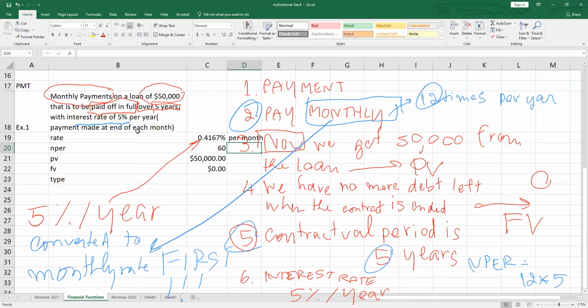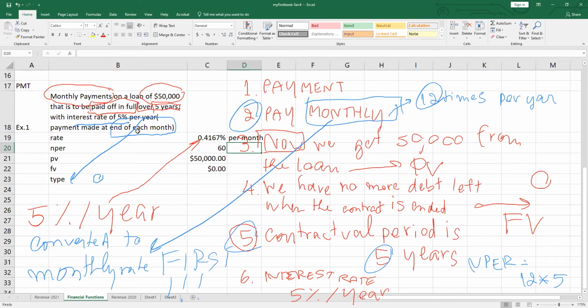Okay, now the last phrase: payment made at end of each month. It tells us about the type. For the type here, end of each month, we use type 0 when you pay at the end of the period. But if it says pay at the beginning of the month, the type will be 1 instead.